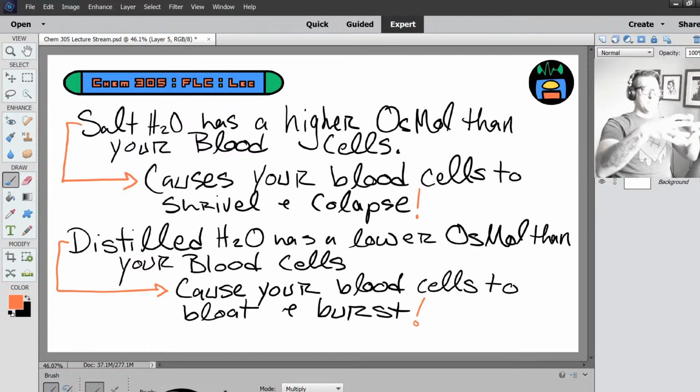They start bloating, and eventually they just start bursting. All right, so if you hear someone talking about how distilled water is the healthiest for you, it's actually not. The minerals in our tap water keep us healthy because they're at an osmolarity that's comparable to the osmolarity inside our blood cells, so it keeps them from shriveling or bursting.